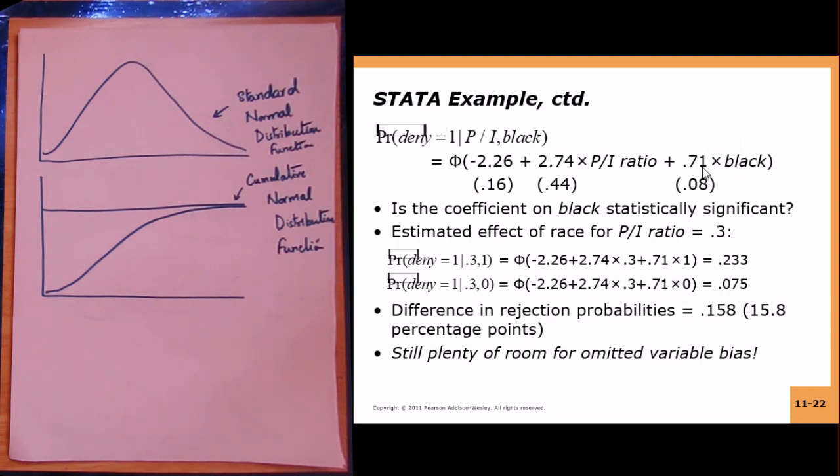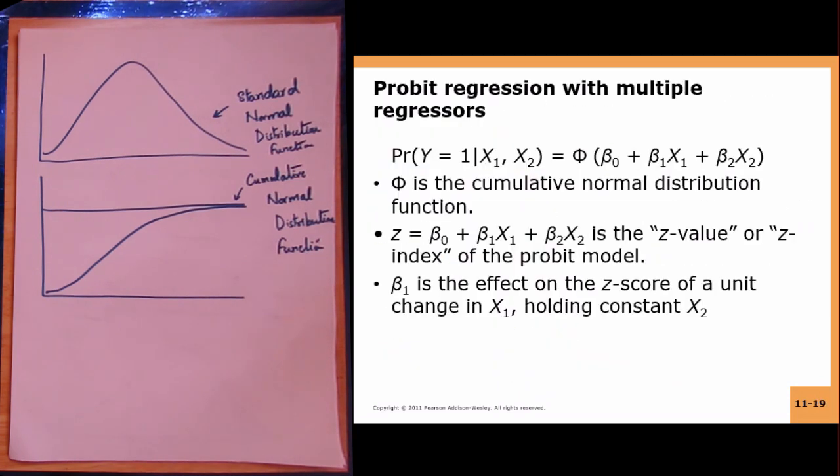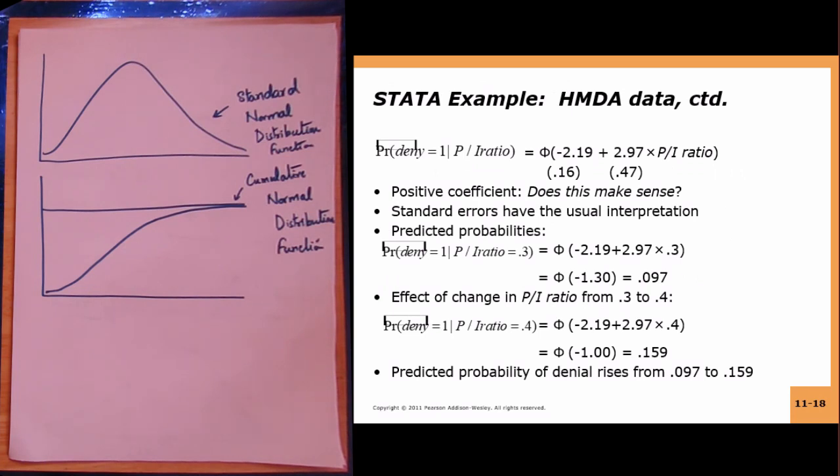So this is what you get. If you estimate using another variable, you find that the coefficient of that is 0.71. Is it statistically significant? It definitely seems to be so. And over here, the coefficient for PI ratio goes down. If you see before, the coefficient for PI ratio was 2.97, right, when you were not including the variable black.